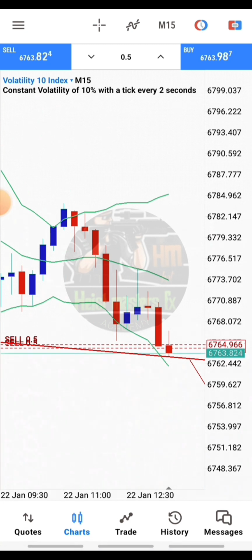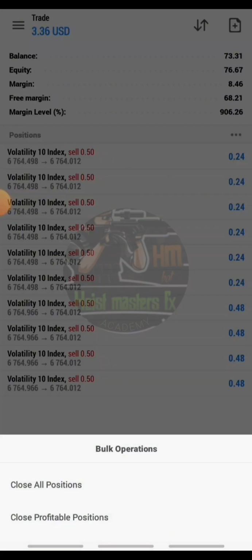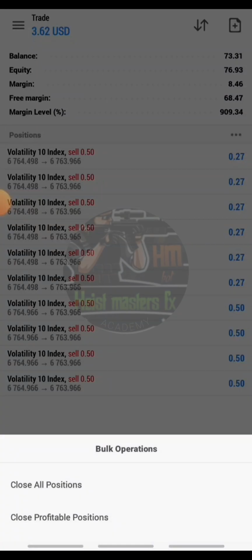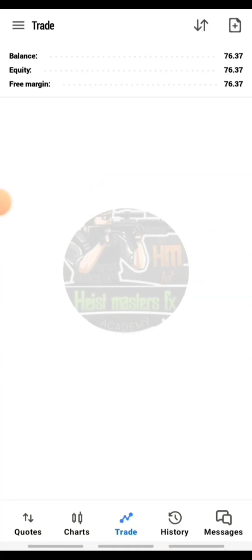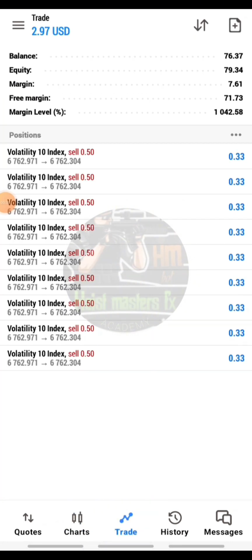So I was opening many positions at once and closing them, because I was expecting a reversal. Once we break below that trend line, we are going to expect a pullback, which is more of a fake out. So I'm opening and closing these positions almost immediately.